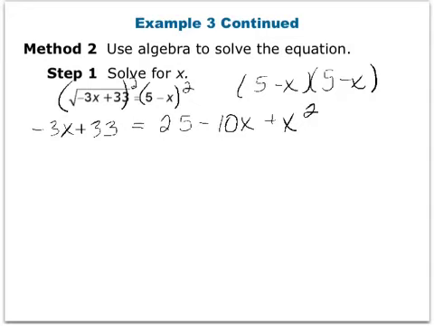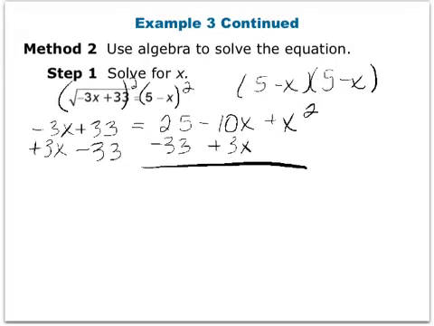Solve for x. I'm going to move everything over. So I have 0 equals negative 8 minus 7x plus x squared.